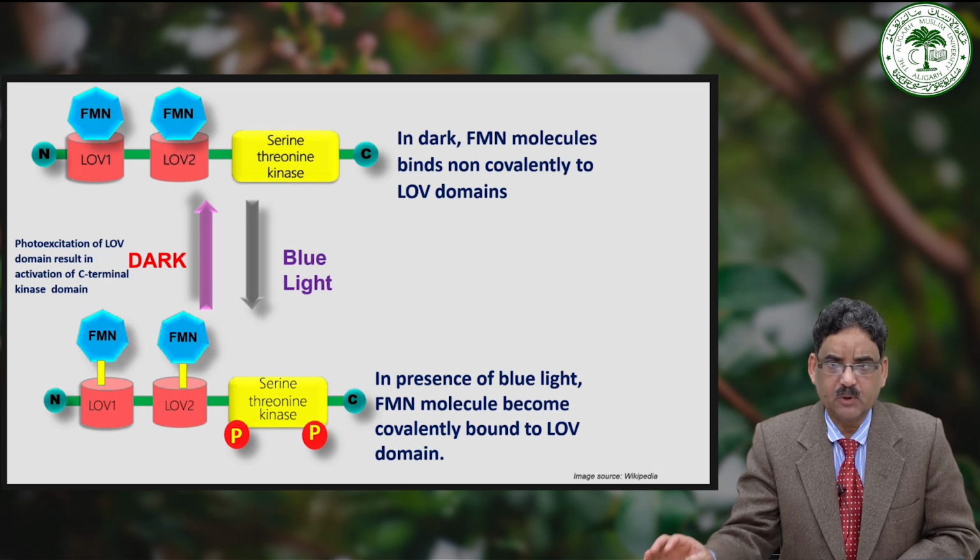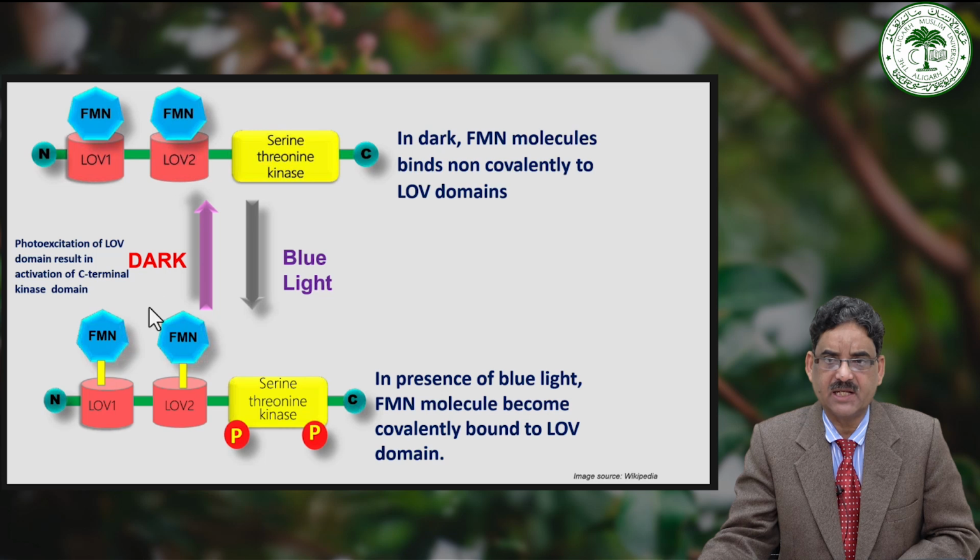Upon exposure to blue light, a photochemical reaction occurs, causing a conformational change in the LOV domain. This change leads to the formation of a cysteine flavin covalent adduct, as the FMN molecule becomes covalently linked to a cysteine residue in the phototropin molecule.